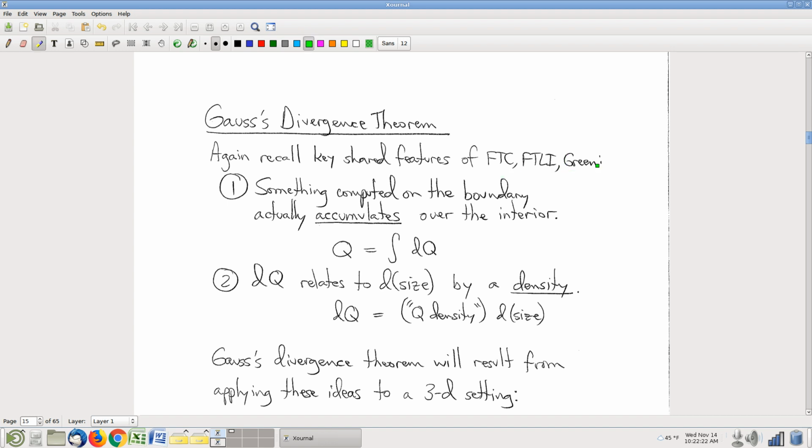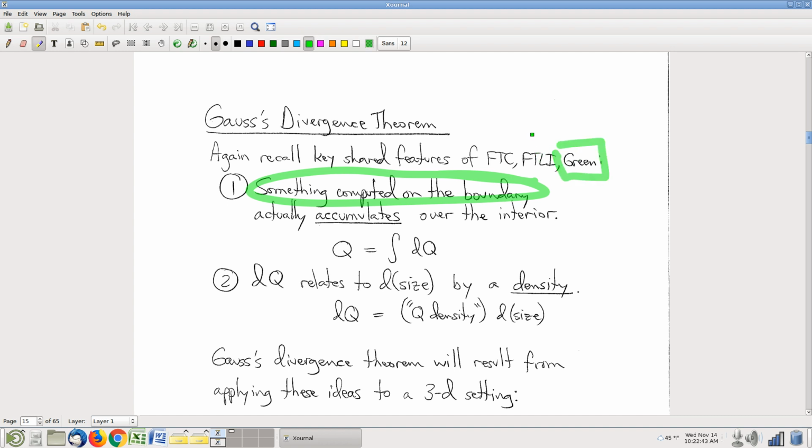The pattern is that there's something that's computed on the boundary. With the fundamental theorem of calculus, we were looking at change, f of b minus f of a. That's computed on the boundary, right? Likewise, fundamental theorem of line integrals. With Green's theorem, it was circulation, right?